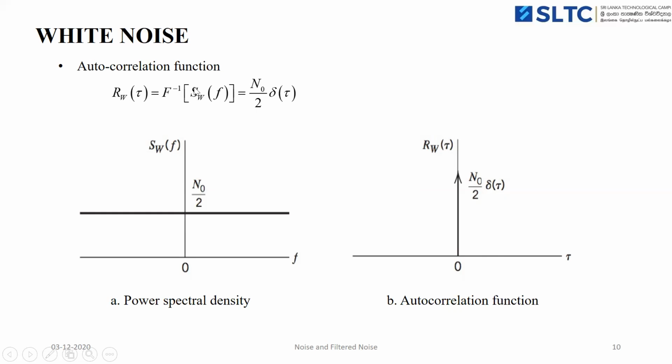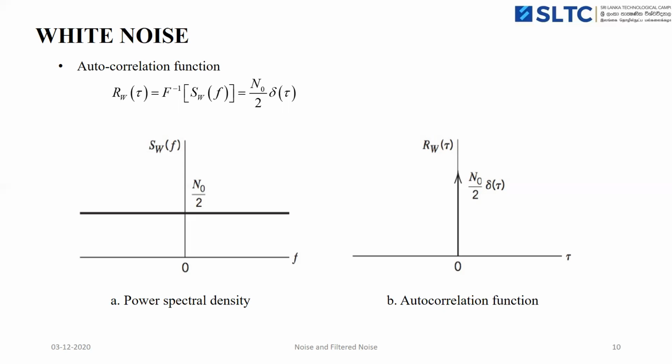We know that the power spectral density of the white noise is N naught by 2, a constant. Since it is a DC component and also ranges from minus infinity to plus infinity, we can't directly find the inverse Fourier transform of the white noise component, right?